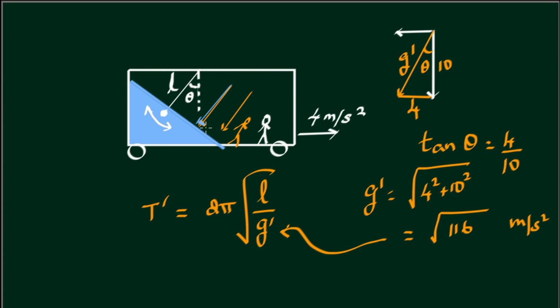So if this gravitational field makes an angle theta with the vertical, the water surface will make the same angle theta with the horizontal. Think about it. You see, so many beautiful things can be concluded from this idea of changing gravitational field.